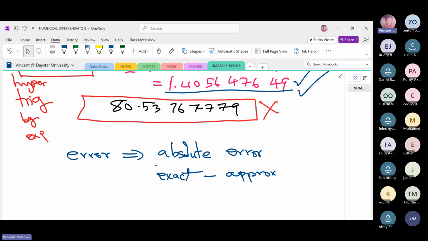So I leave it as an assignment for you to do the error computations, and even compute the percentage errors and make a verdict on which of the three methods is better in approximating the given integral. The better method is the one that gives a smaller error magnitude.